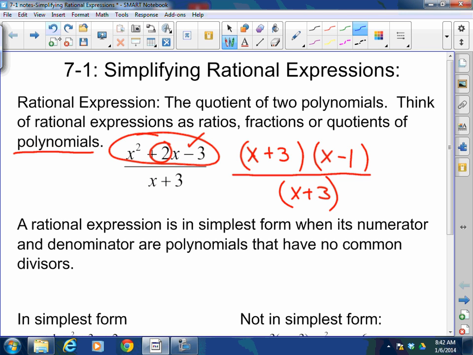However, I can take away or cancel out exact polynomials. And by exact, I mean exact. They have to be exact. They can't be off by a decimal or by a negative. So I have an x plus 3 up here. I can get rid of this x plus 3 down here. This simplifies to become just x minus 1. And that would be your simplified expression.